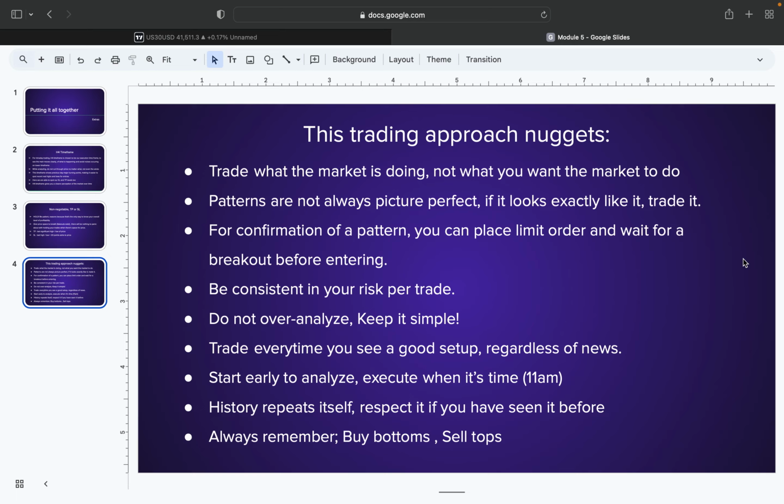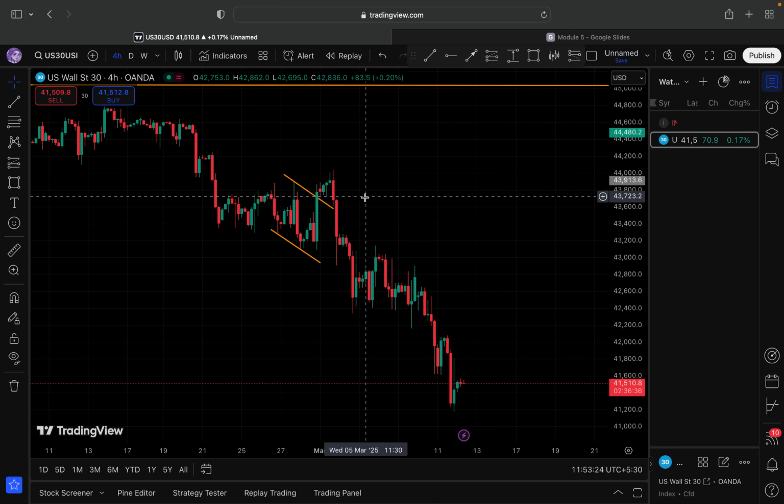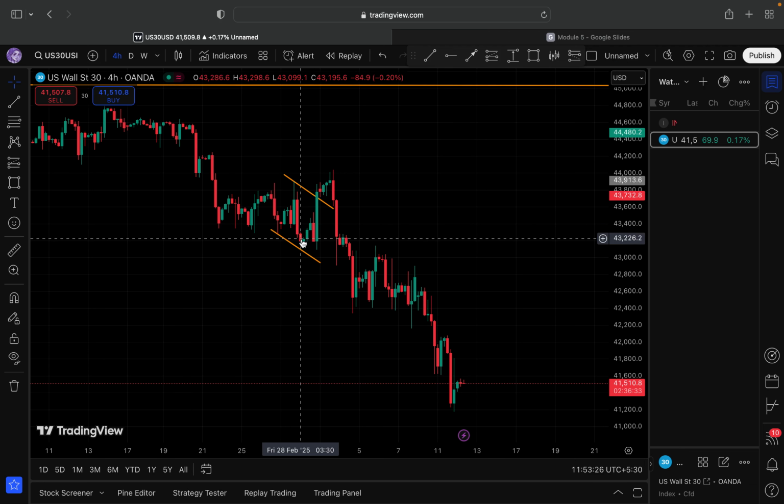You can execute anytime, especially if the current direction of price is in your direction. Let's say you want to buy and price is currently bullish. Like here with this trade, watch. This was around 9 a.m., so you saw this buy coming in.